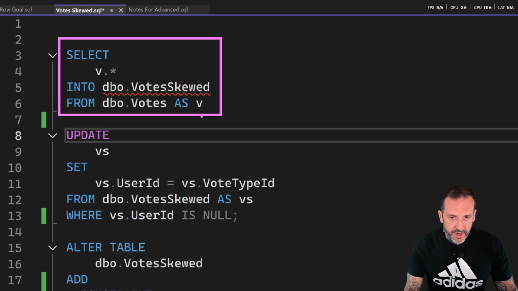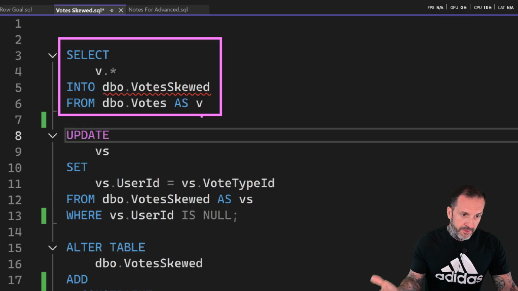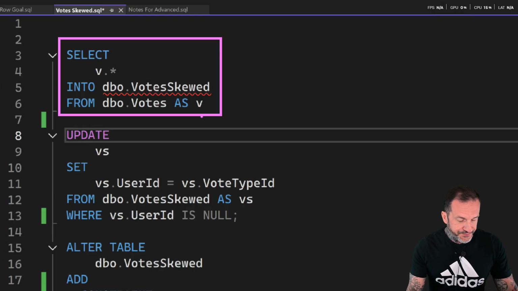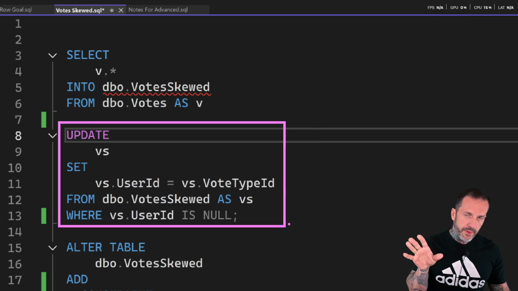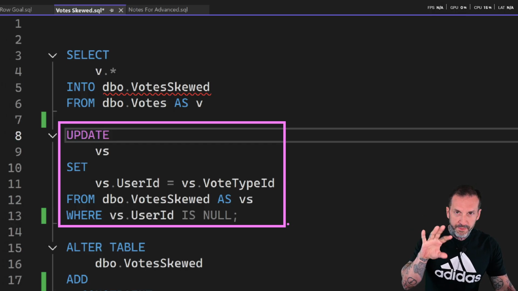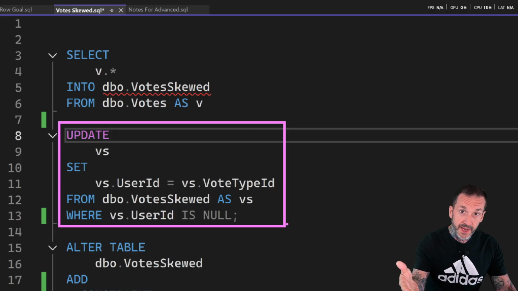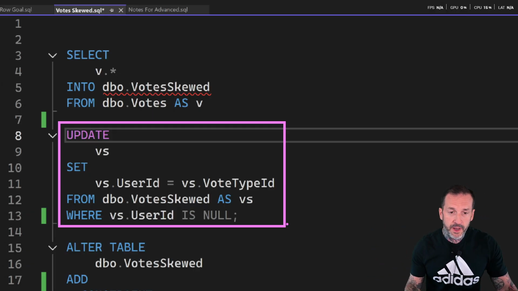Now, what I did after I selected everything from the votes table into this new table is I updated that table to replace the null user IDs. There are a couple vote types for bounties. Bounties are when you want to give people additional reputation coming from your reputation for having a really good answer or something.